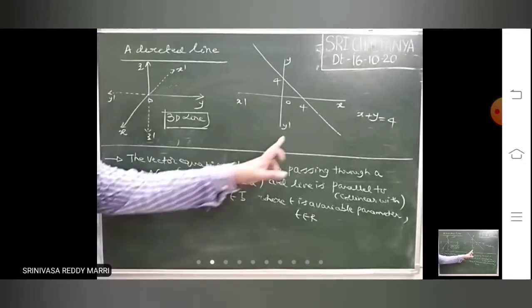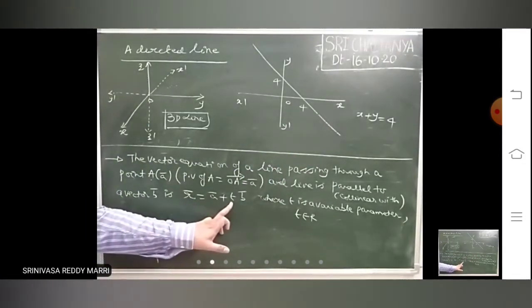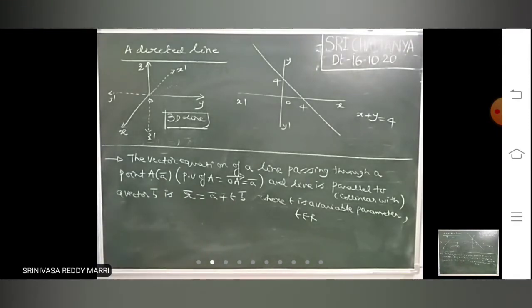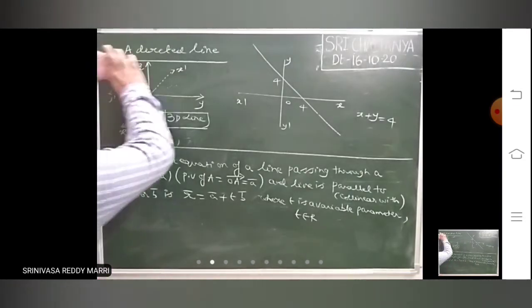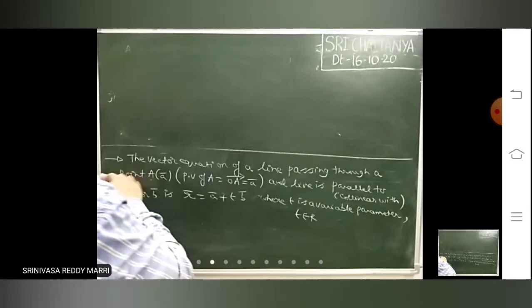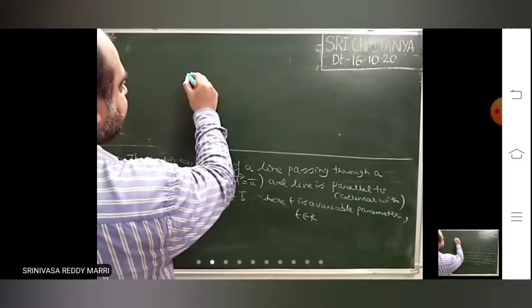Right? In Cartesian means XY. In vector form means always we have to write the line in terms of R bar. Look at this line, how it is. This is called the one point form of a line in vectors.